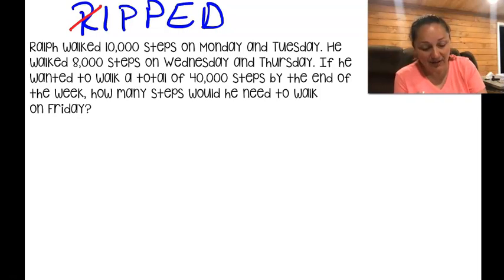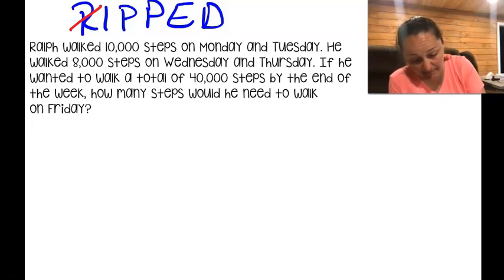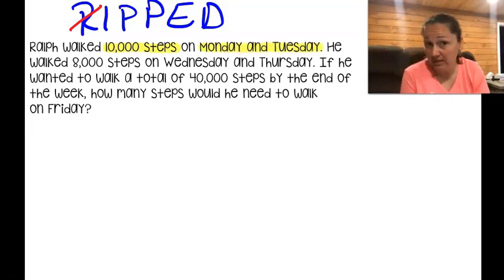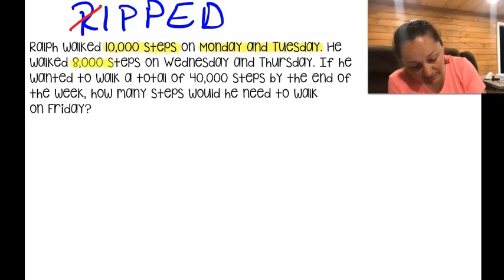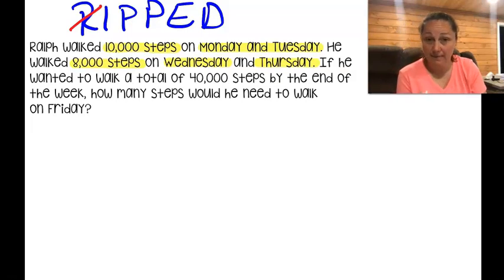I, identify the important information. Let's see. Ralph walked 10,000 steps, and he did this on Monday and Tuesday. He walked 8,000 steps on Wednesday and Thursday. I could put a little and in the middle.